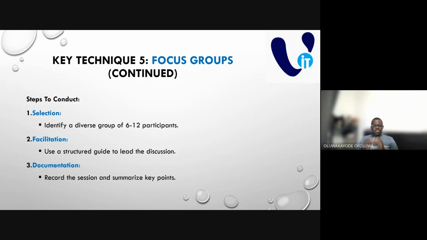Use a structured guide to lead the discussion. Number three, documentation. Record the session and summarize key points.